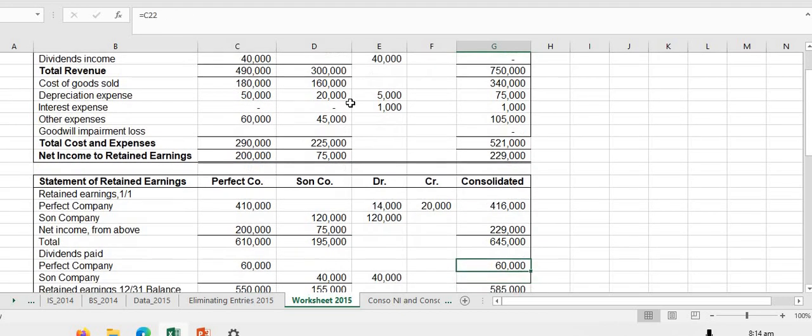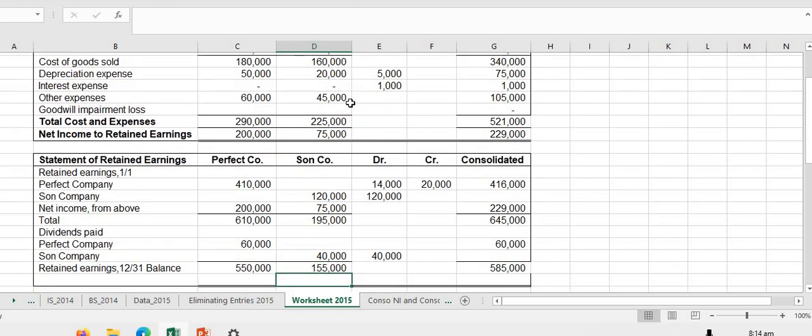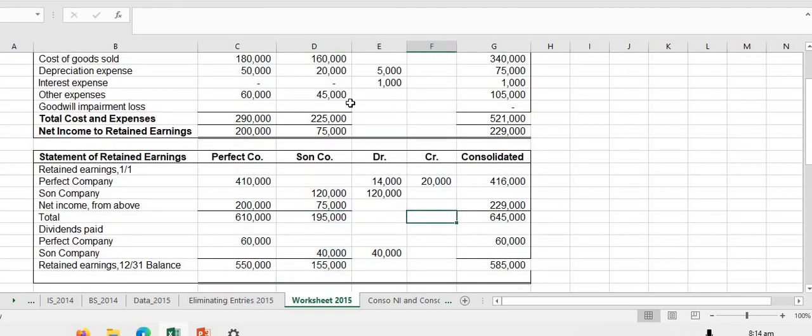Okay, so in our entry, the 14,000 we debited is actually the amortization of the excess and the goodwill impairment loss of the previous year. Then our entry to convert from cost model to equity model is actually 416,000.